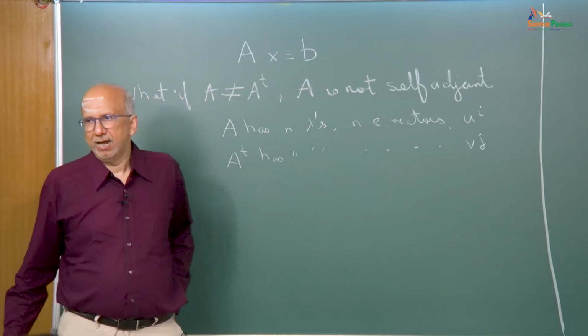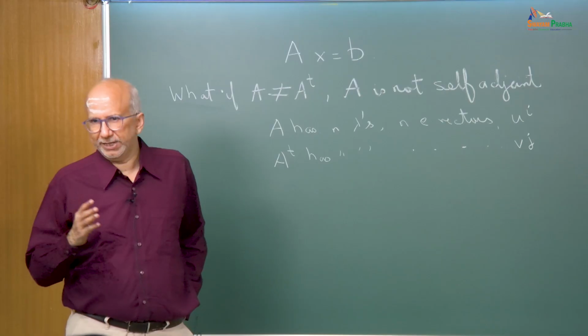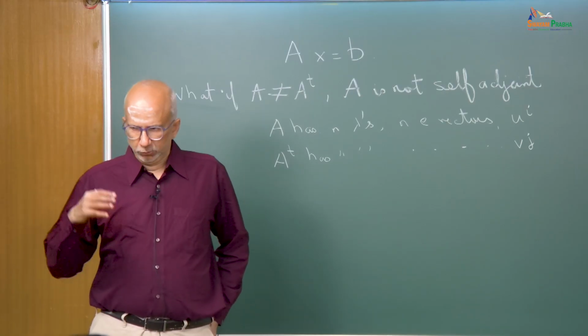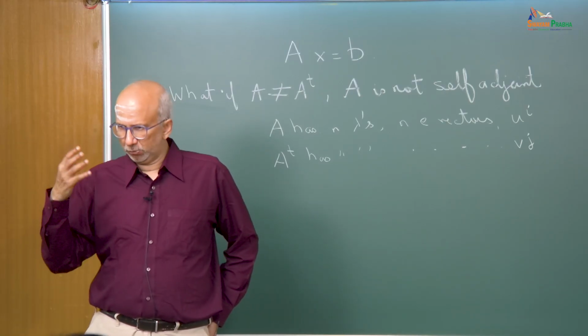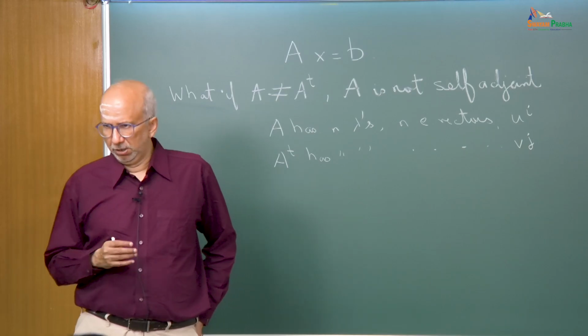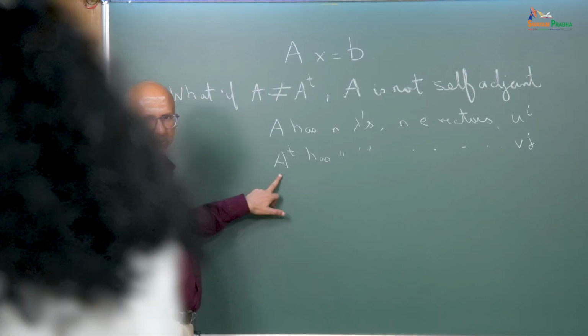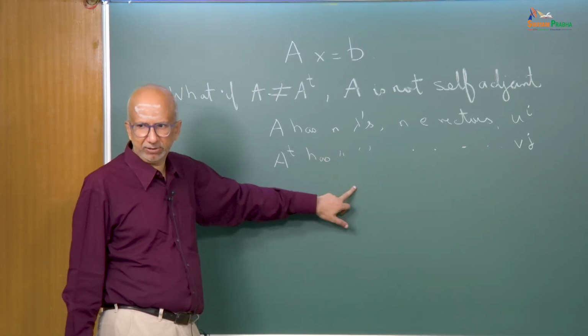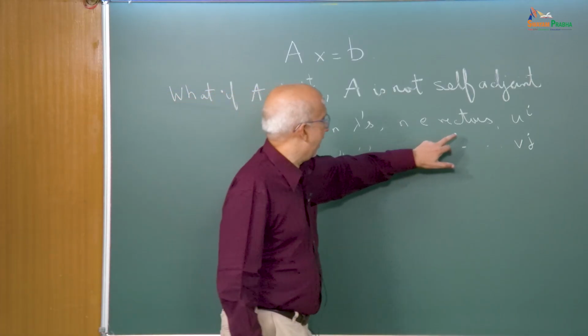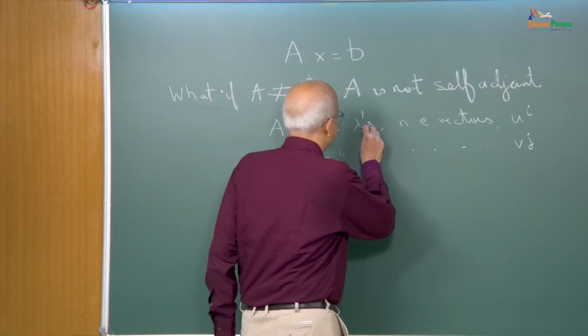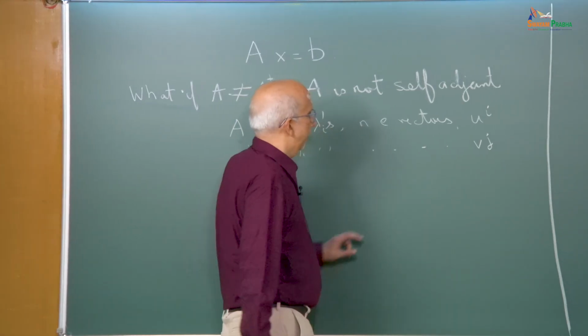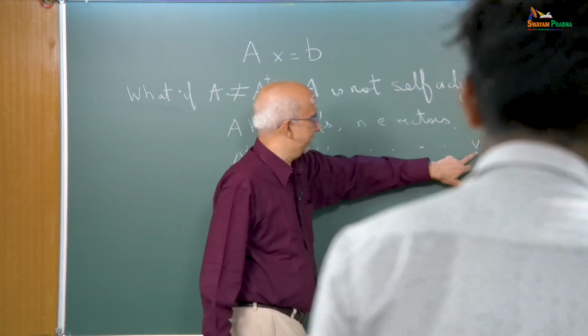I goes from 1 through n, j goes from 1 through n. Just to differentiate the eigenvectors I am giving a different notation. The eigenvalues of A and A transpose are the same, so the lambdas are kept the same, but these eigenvectors are ui, these eigenvectors are vj.